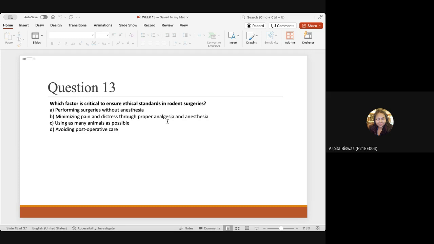Which factor is critical to ensure the ethical standard in rodent surgeries? First option, performing the surgeries without anesthesia. Second is minimizing the pain and distress through proper analgesia and anesthesia, and option C is using as many animals as possible, and option D is avoiding the post-operative care.